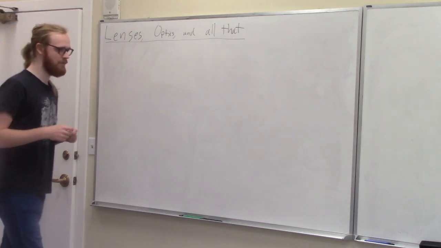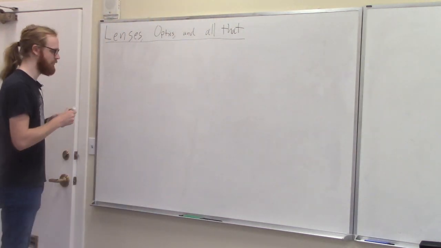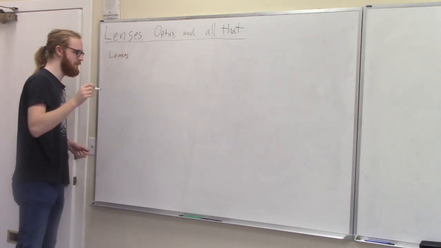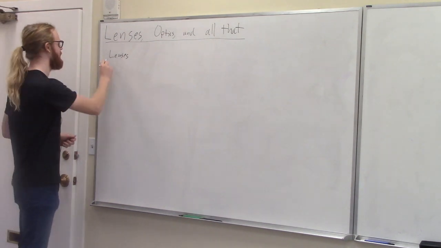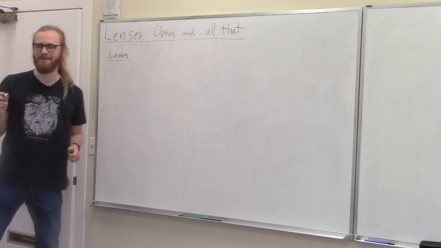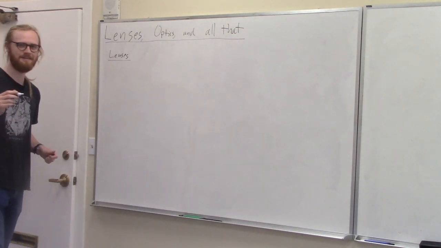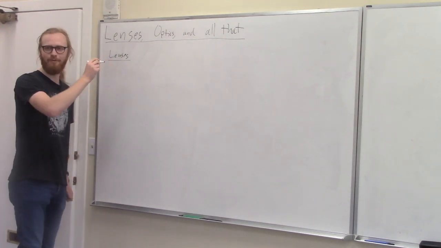Right, so maybe I'll just start by telling everybody what I mean by a lens. So lenses. So many years ago, not centuries, but probably more than 10 years at this point, people doing functional programming came up with this idea of a lens.